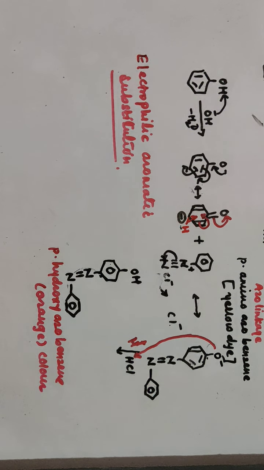Then we have seen the basic nature of amines. I told you, surely you will get a question on the basic nature of amines, then pKb values. Then preparation methods of amines, then reactions of amines. So this is all about amines. We'll see the next chapter next time.